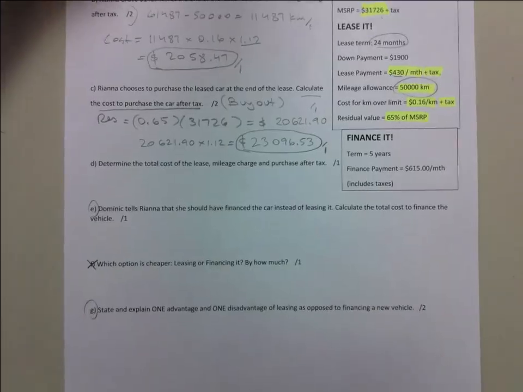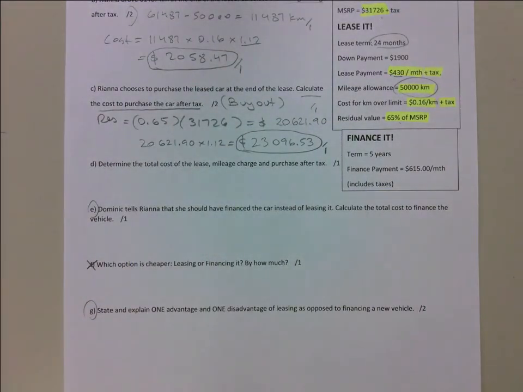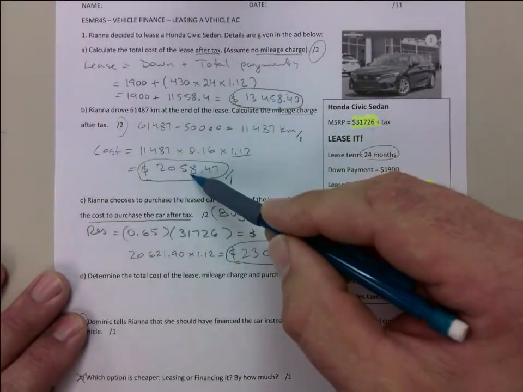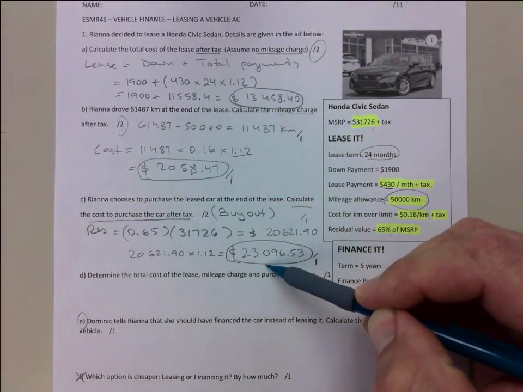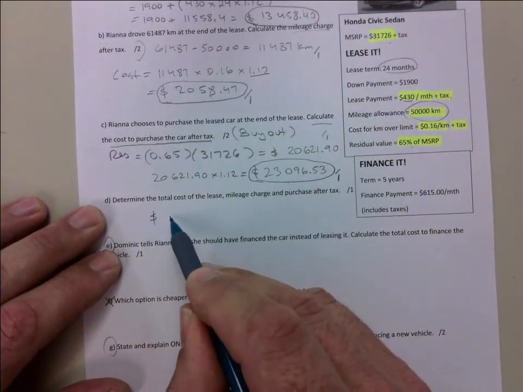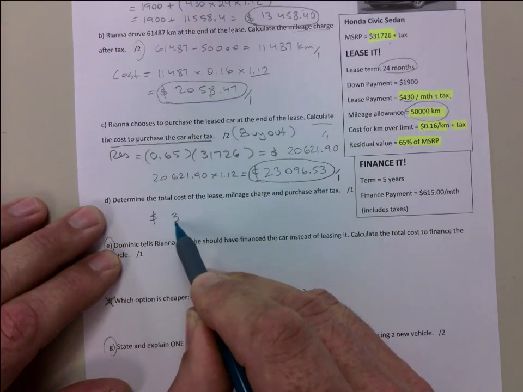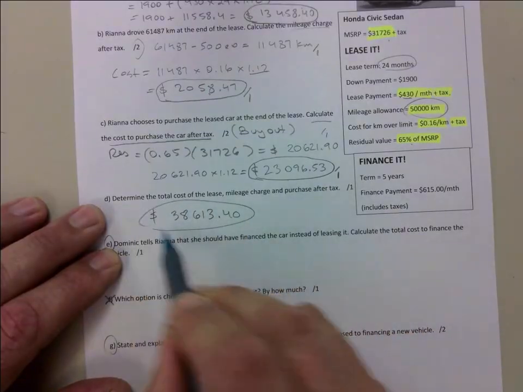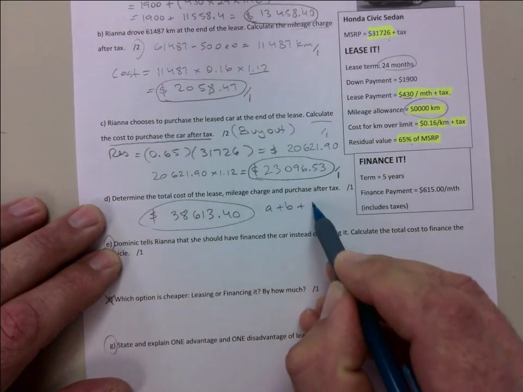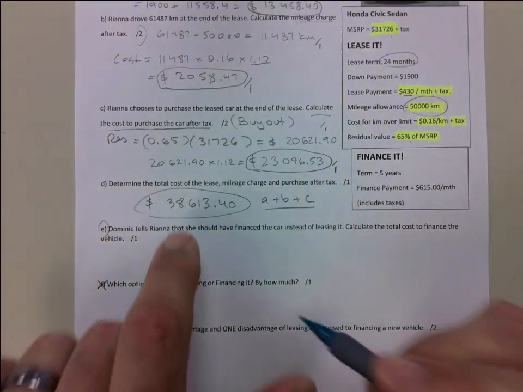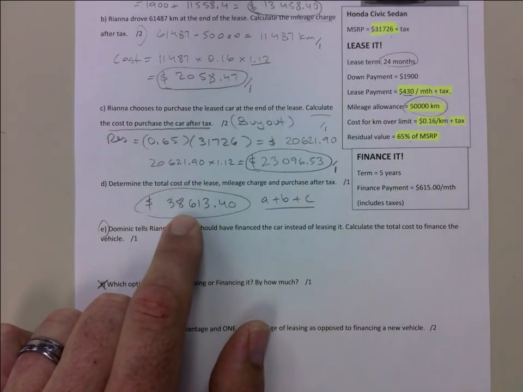Determine the total cost of the lease, mileage, and purchase. So basically A plus B plus C. These three all added up, right? Mileage, buying it, everything together. I'm just going to give you the answer here. This would be $38,613.40. This is basically A plus B plus C. Okay, listen carefully.